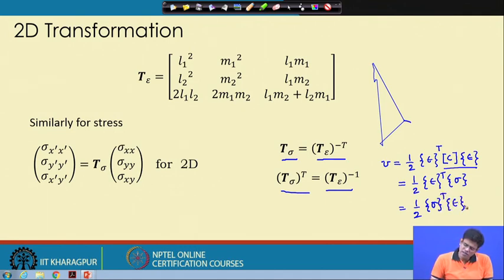If you do this for a transformed coordinate, since we know u and u prime are the same, because it is an invariance relation, strain energy is invariant. And we know the epsilon prime. So we can achieve these relations for the rotation about an axis.